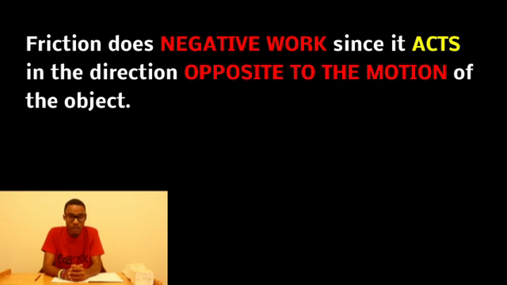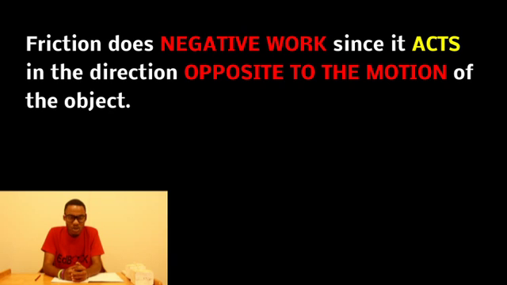We also spoke of forces that do negative work. An example that we gave was frictional force, because the direction of friction is in the opposite direction to the motion of an object. So friction always does negative work on that object.